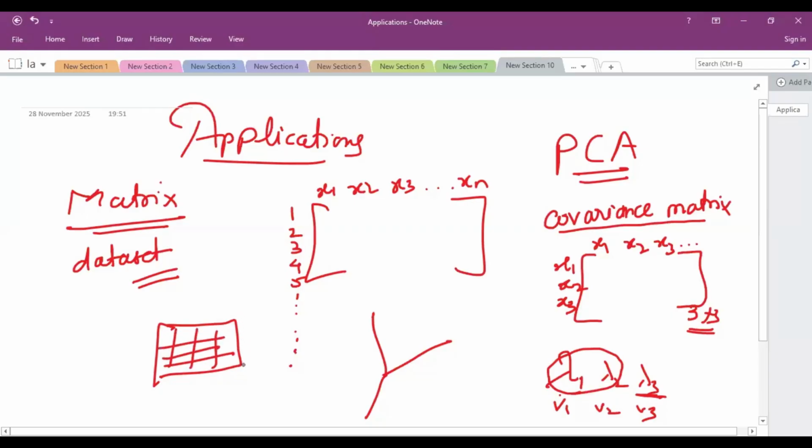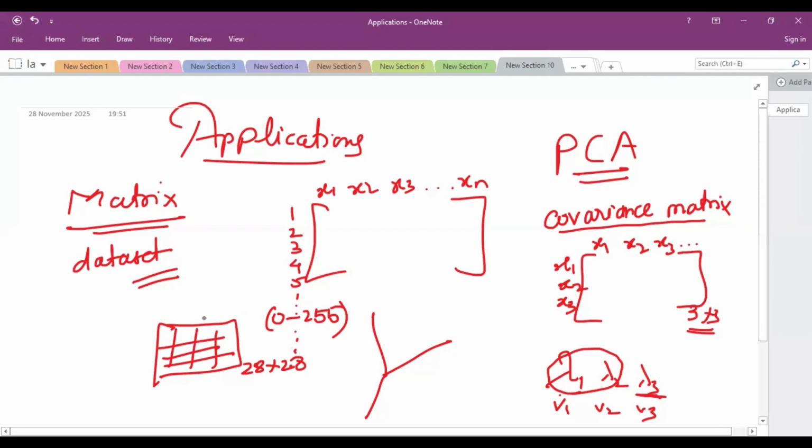If the image is 28 cross 28 pixels, which means there are 28 rows and 28 columns, each pixel will have a value between 0 and 255, where this number is the intensity of that particular pixel being bright or dull.